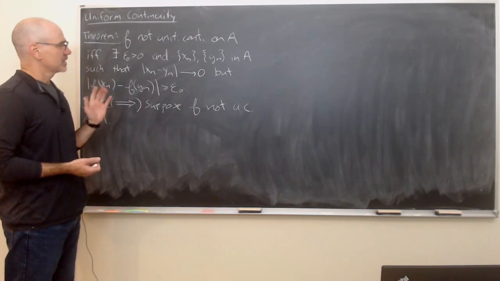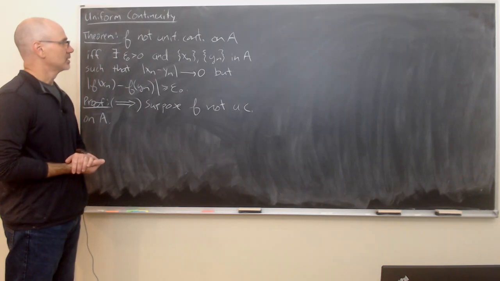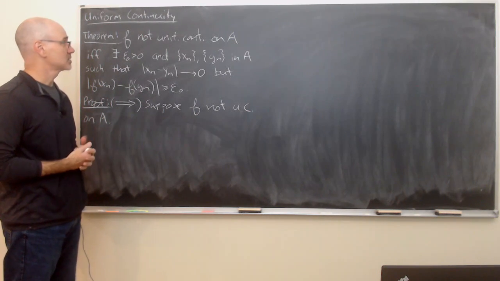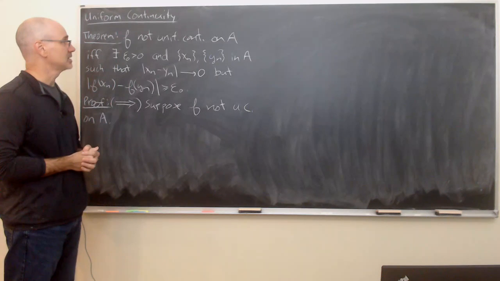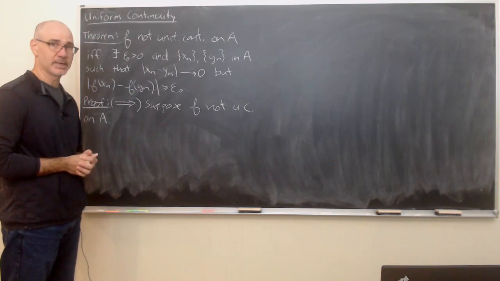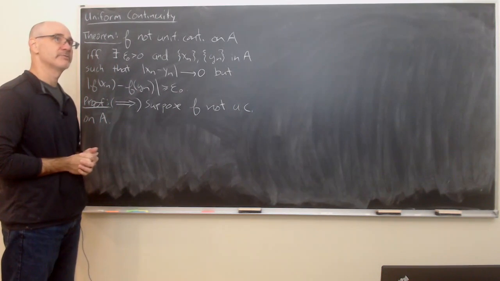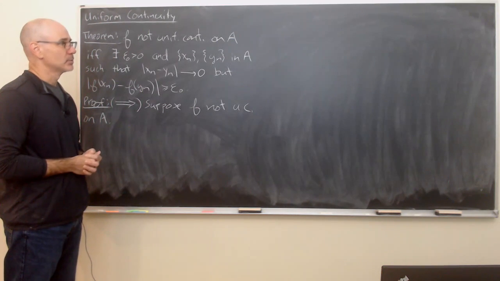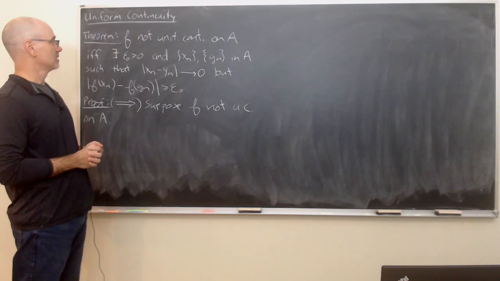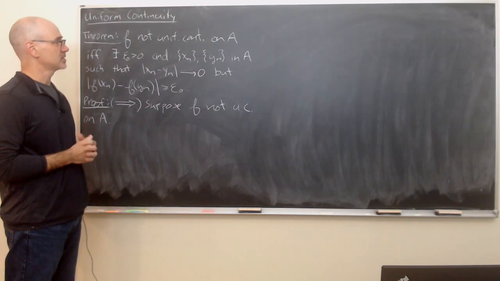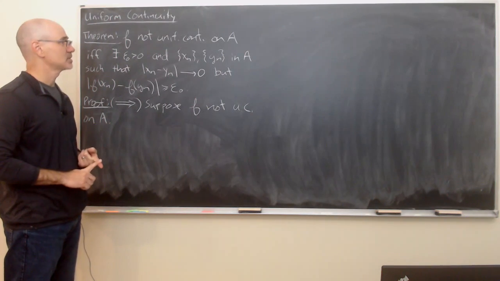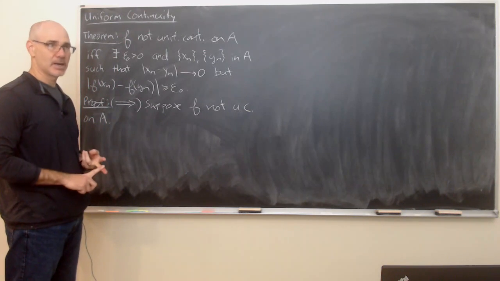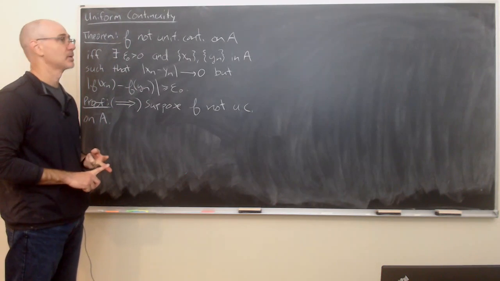So this theorem is actually more useful in the more subtle case where the function is continuous on A, but it still fails to be uniformly continuous on A. We can say a little bit more based on the previous theorem. It's most useful where you have a continuous function and a non-compact set.